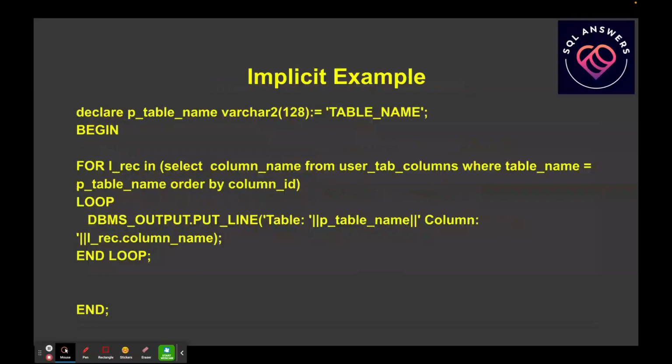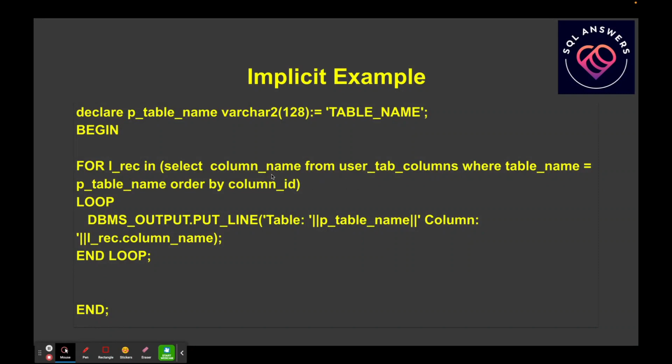So here's an implicit for loop example. All I'm doing is declaring a table name, and then creating a for loop here. This is kind of nice as compared to T-SQL, where you can actually just create the cursor on the fly. You don't have to declare it. You just write your SQL statement, and a record type is declared based on whatever you're selecting.